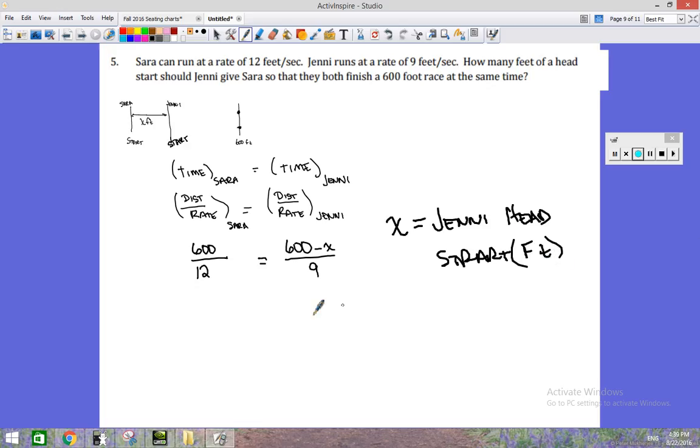So if we cross multiply, since we have a proportion, we have this diagonal and this diagonal. So 9 times 600: 9 times 6 is 54, add the 2 zeros. 6 times 12 is 72, add the 2 zeros, distribute the 12 to minus 12x.